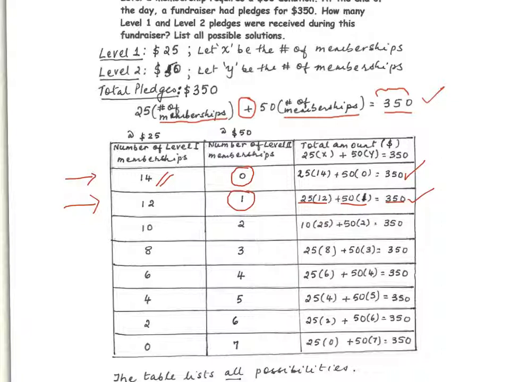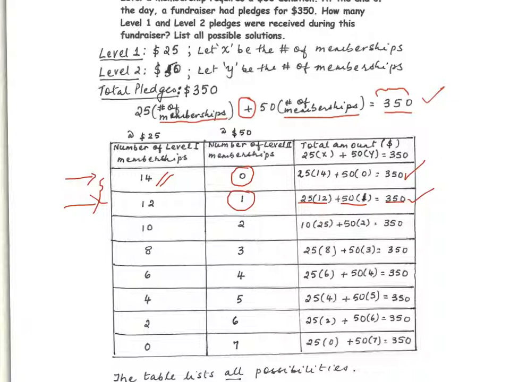Notice that it is not possible to have anything in between 14 level 1 memberships and 12 level 1 memberships because the level 2 membership is $50.